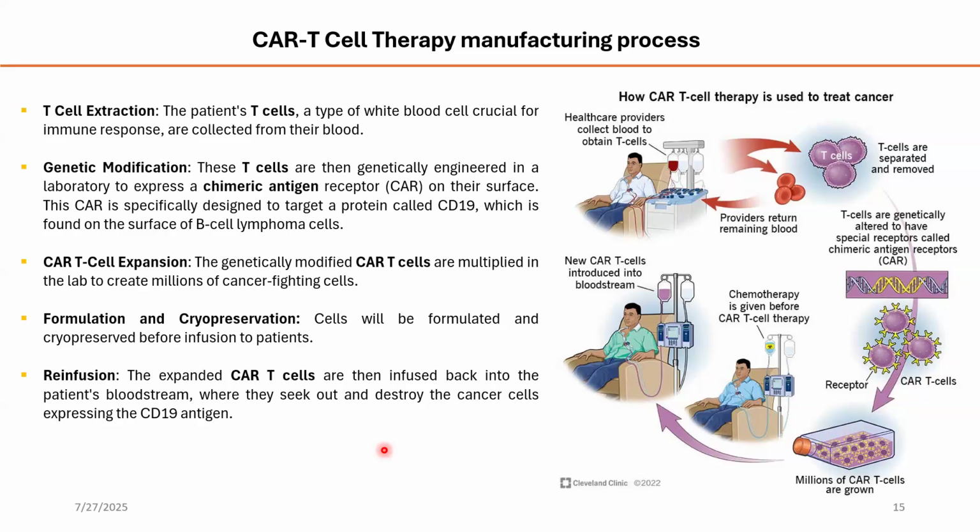Once you have enough T cells, they do the genetic modification outside. They use retrovirus or lentivirus based methods to introduce the CAR antigen receptor on the surface of these T cells. So that is what you see here, right? Then these are selected and grown in the lab, in culture bottles, and then they are reinfused.